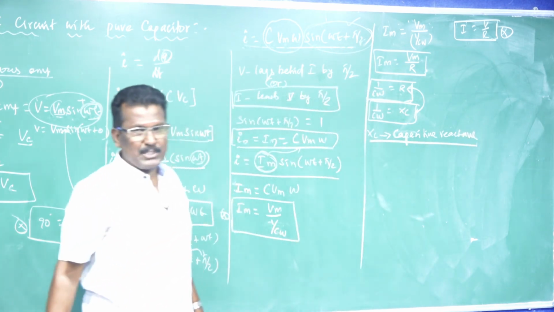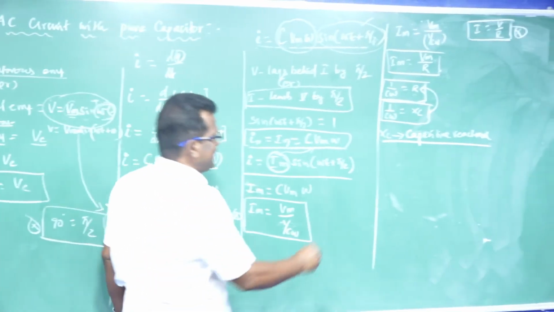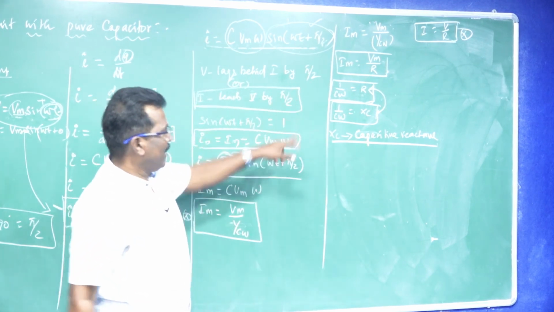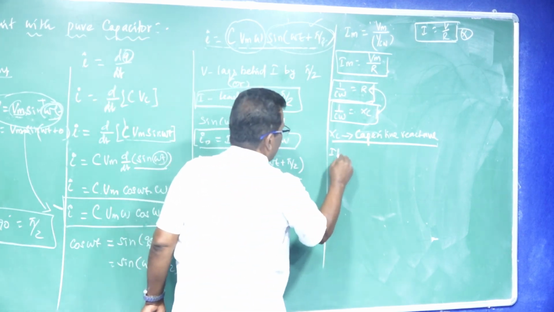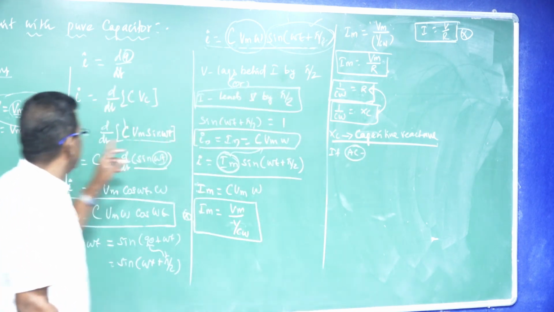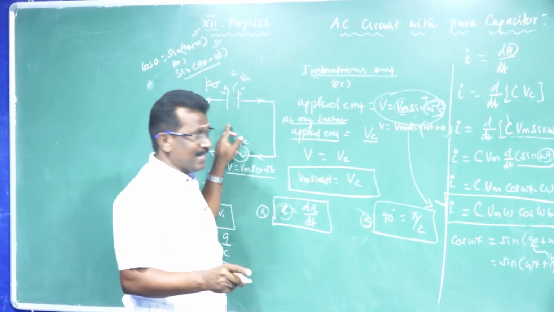X is called capacitive reactance. So how to calculate the capacitive reactance? XC is equal to 1 by C omega, if AC is connected across a capacitor.